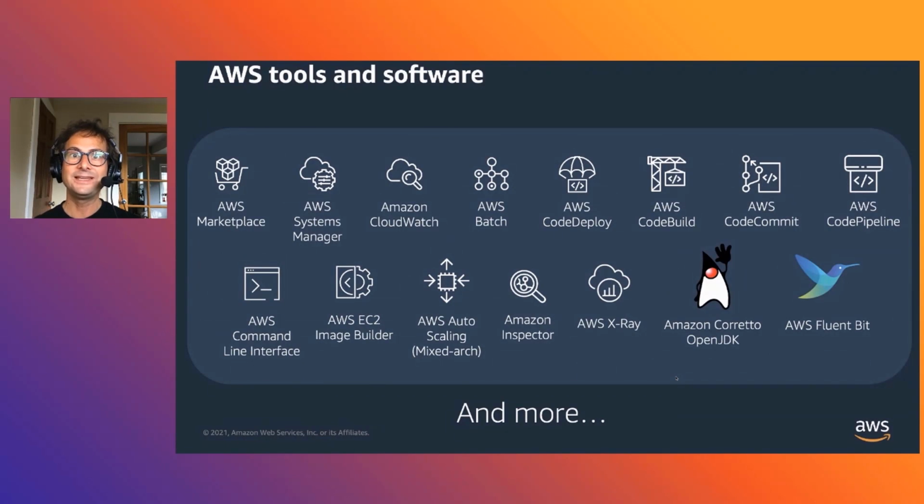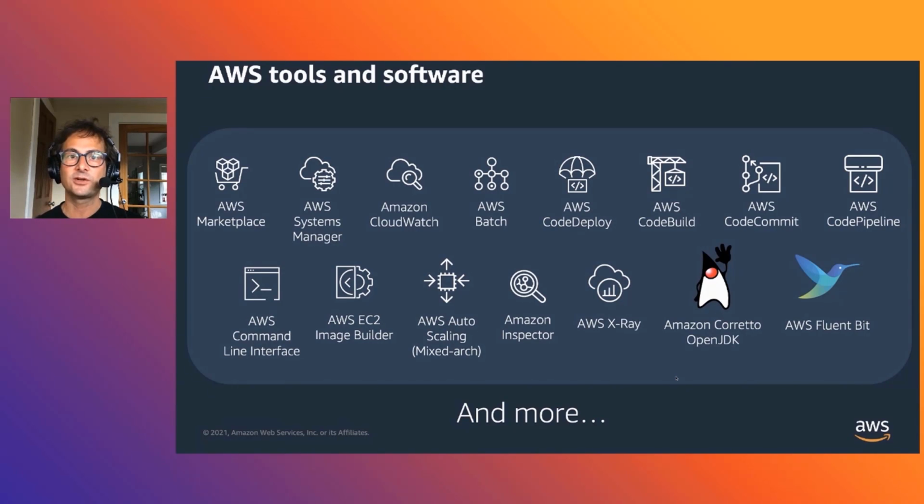In terms of tooling and software, the support today for most of the toolkits and SDKs that are coming from AWS, so for example, Amazon CloudWatch or AWS CodeDeploy, the many different agents that we are releasing, they all support Graviton2 based instances. A special mention for Amazon Corretto, which is our long-term supported version of OpenJDK.